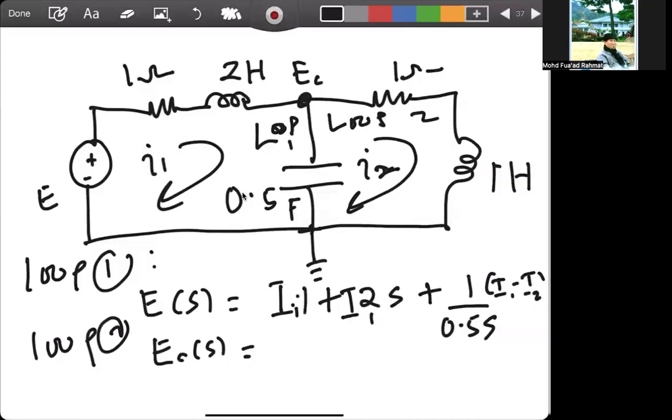ECS, okay, which is 1 I2 plus 1 Henry 1 I2. Okay, for the inductance. And of course, this one will equal to 1 over 0.5 S, I1 minus I2.